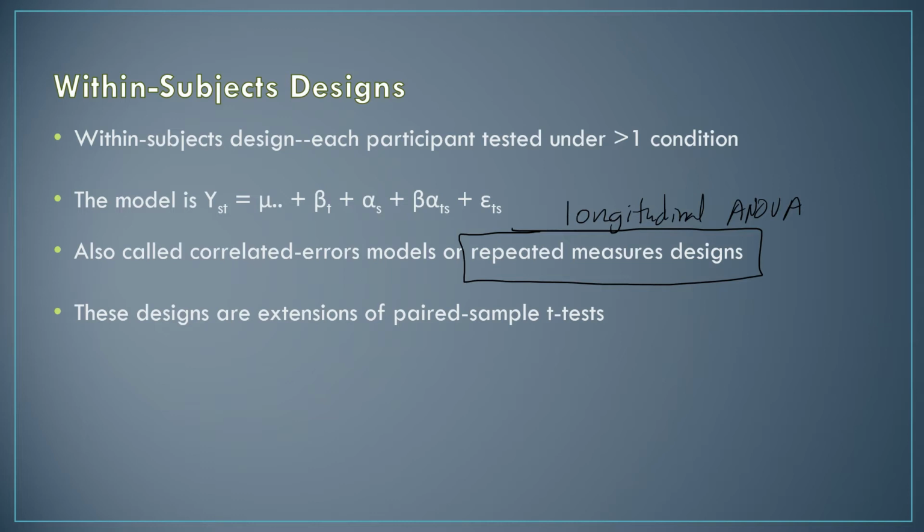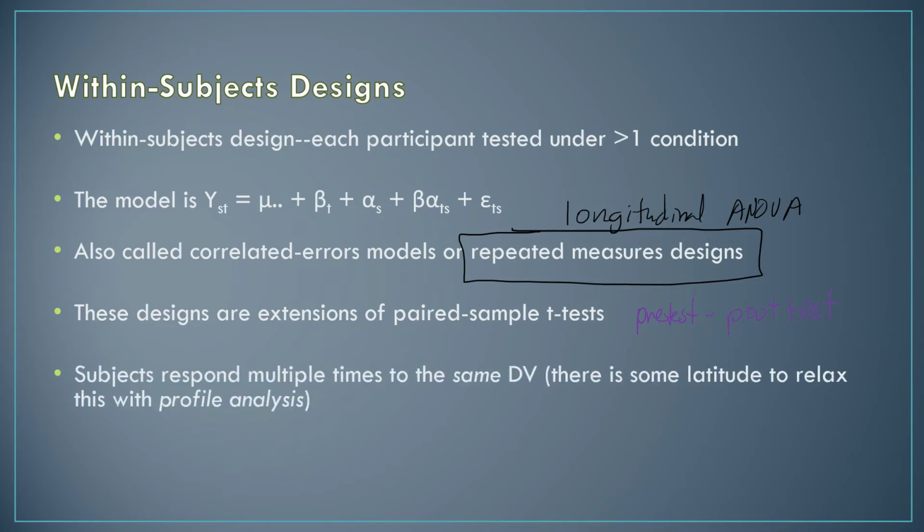Whereas with the within subjects design, it's like a paired sample t-test, where we use a paired sample t-test for like a pre-test, post-test comparison. And this is where every participant is in both groups. It's both in the pretest and in the post-test. But now we have 3 or more of these groups to be able to do this within subjects designs ANOVA.